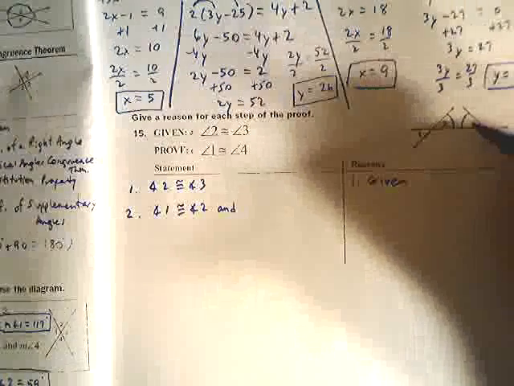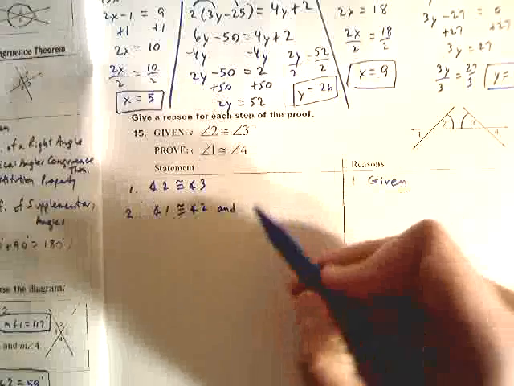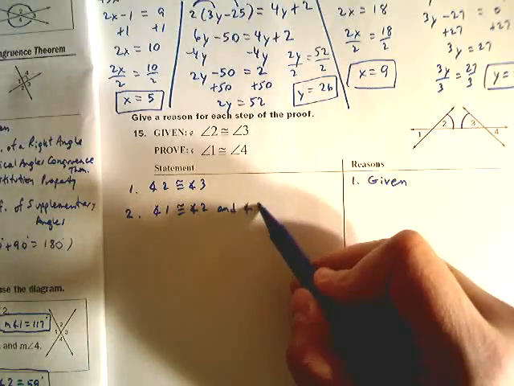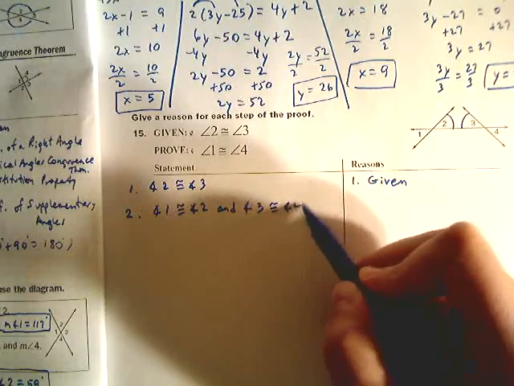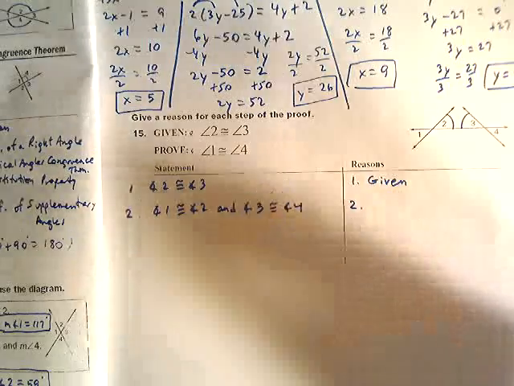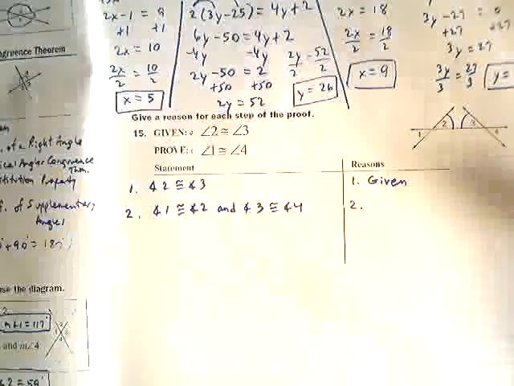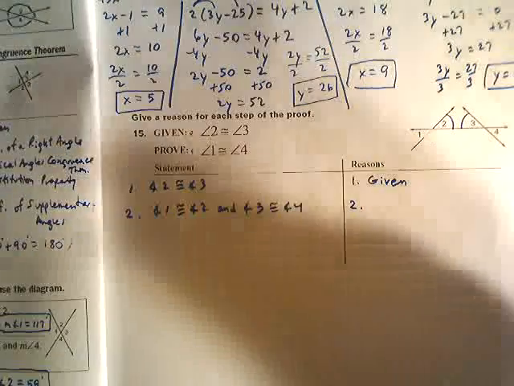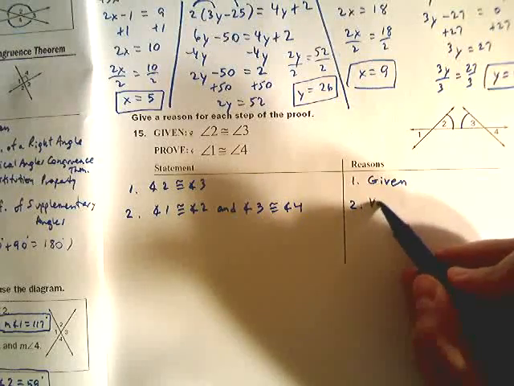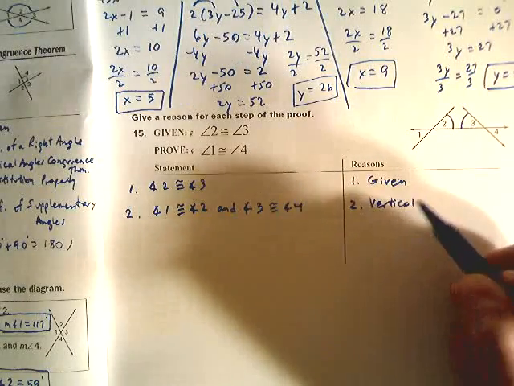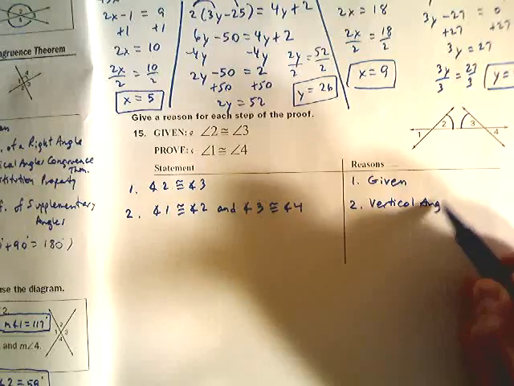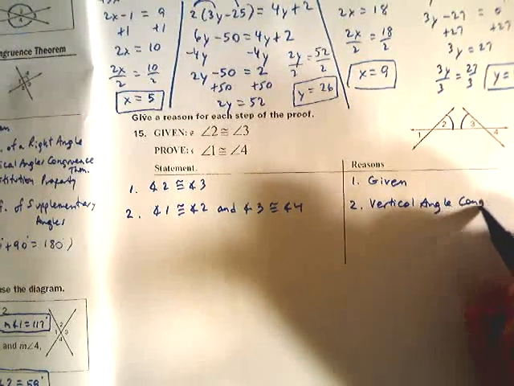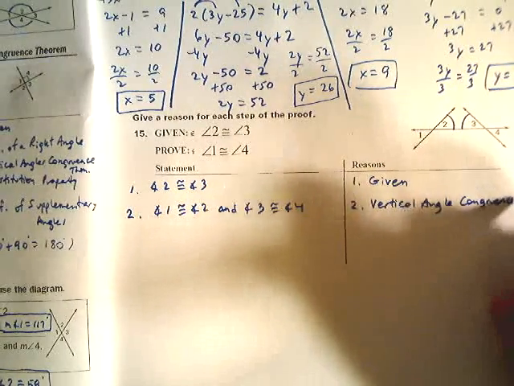And I also know that angles 3 and 4 are congruent because they are a vertical pair. Angle 3 is congruent to angle 4. So when I said because they're a vertical pair, that's the reason. The reason is the vertical angle congruence theorem.